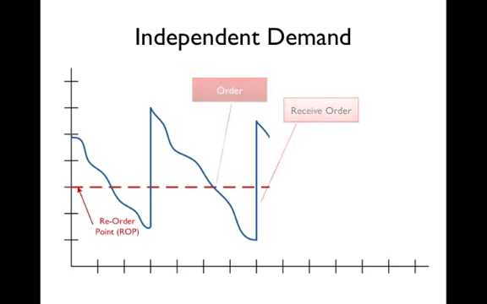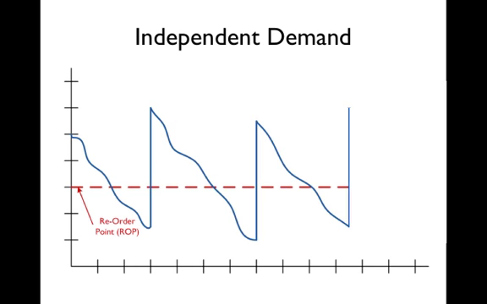The same pattern will occur over time. We trigger, some time goes by, we receive. We sell more of that product, trigger an order, etc. You can see this looks like a sawtooth close up. Some people call this the sawtooth model of demand and reorder point. So in terms of controlling inventory, when are we checking to see if we're out?